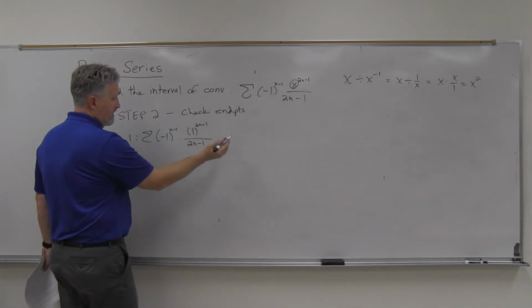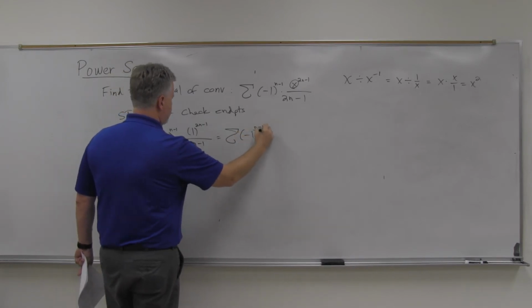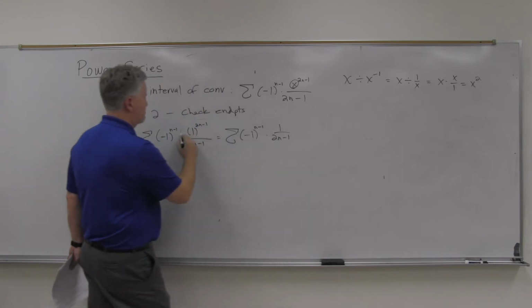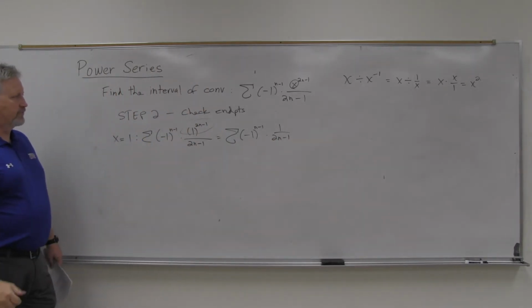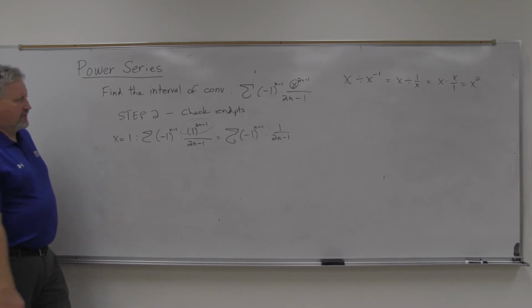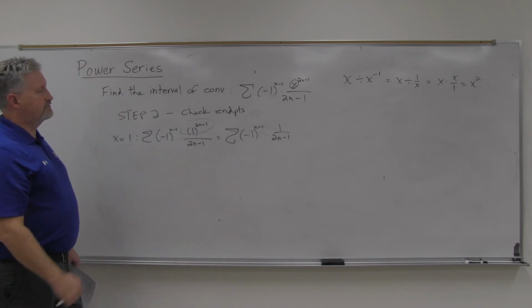Well, 1 to any power is 1, so it's just negative 1 to the n minus 1 times 1 over 2n minus 1. Because 1 to anything is just 1. So again, we do have alternating signs.